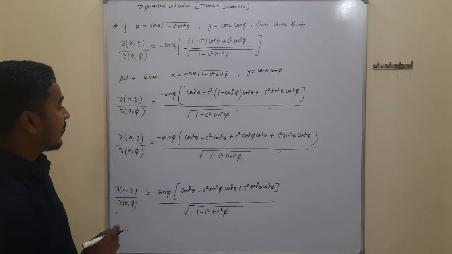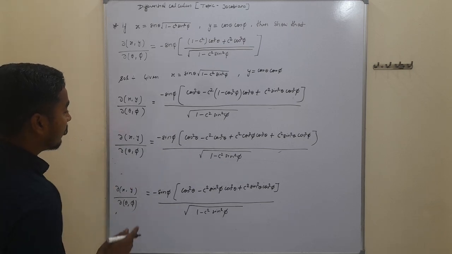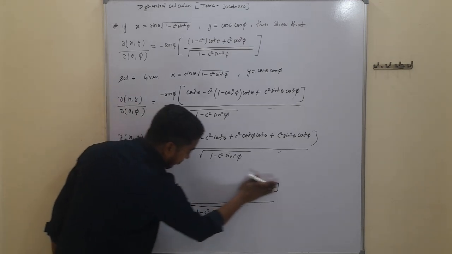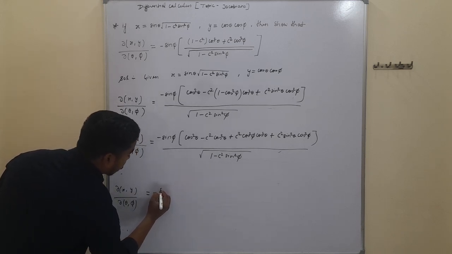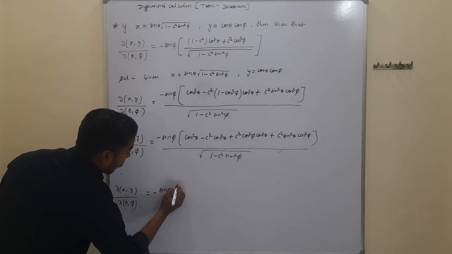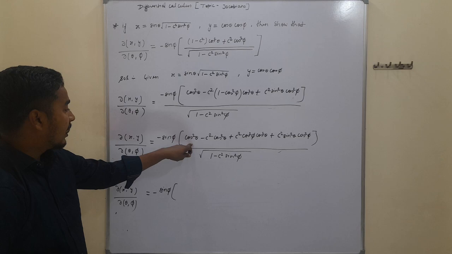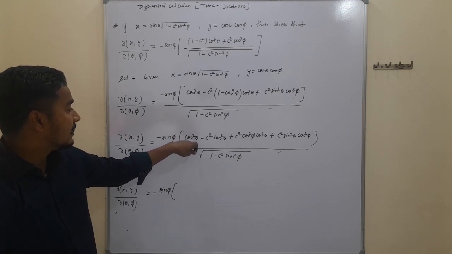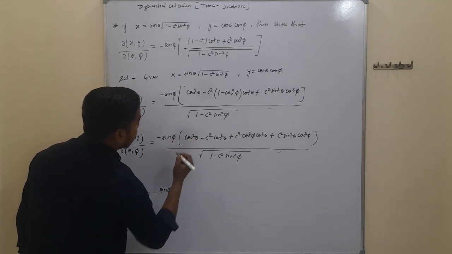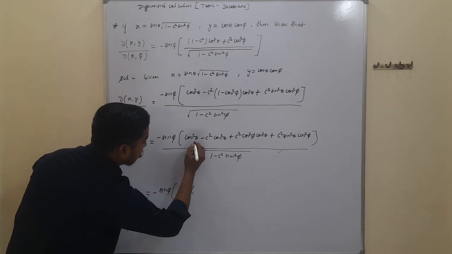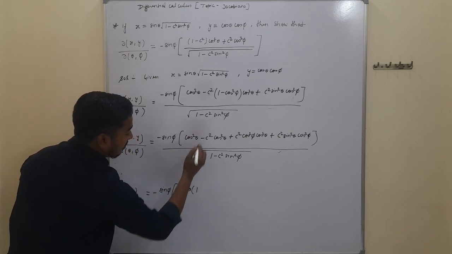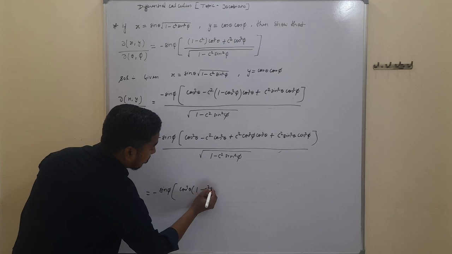And further from here we can take common. Once again we write minus sin phi, and in the bracket we take cos square theta common, this gives remaining 1 and c square.